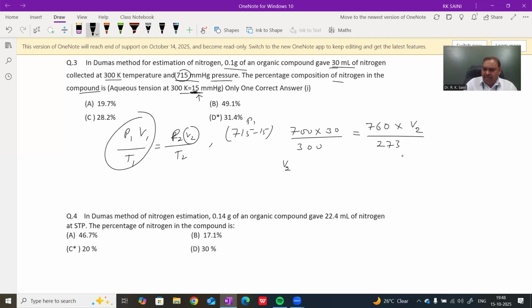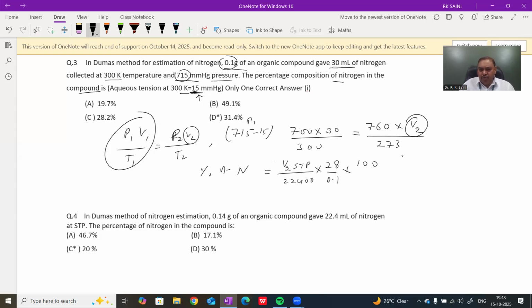We find the volume of N2 gas at STP. Therefore, the volume at STP of gas divided by 22400 gives the moles of N2 gas, multiplied by 28. It is the weight of N2 gas. This weight comes from 0.1 gram of organic compound, and hence the percentage of nitrogen in this compound.